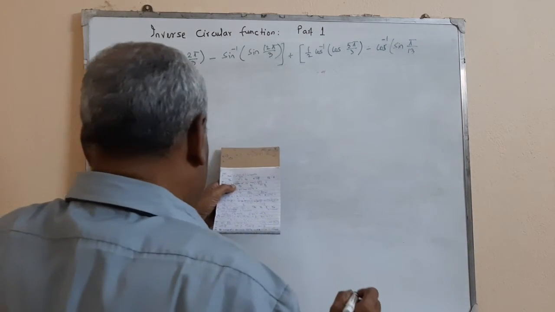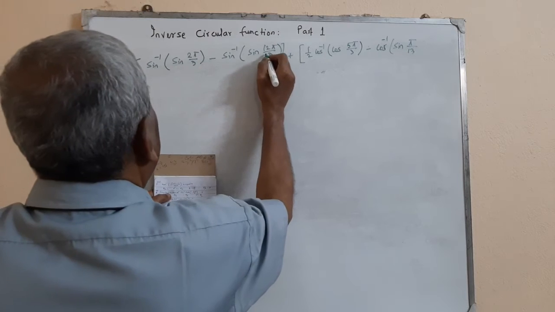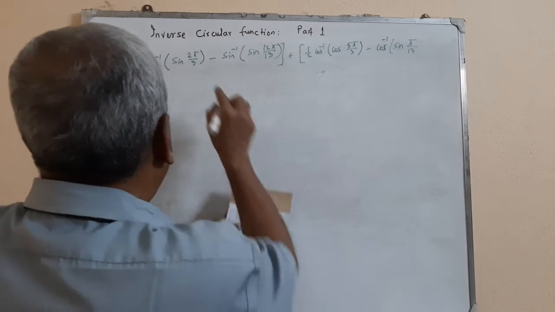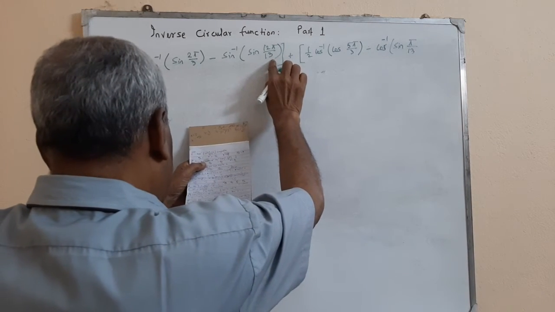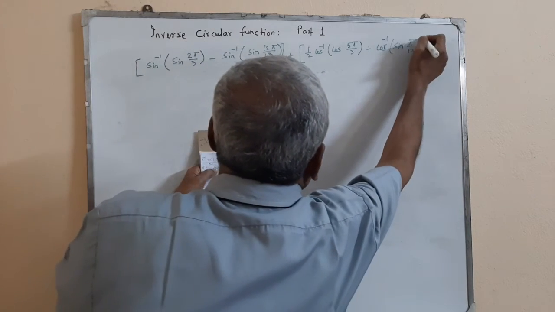I think it is 12 pi by 13. This is 3, okay. This is 13.